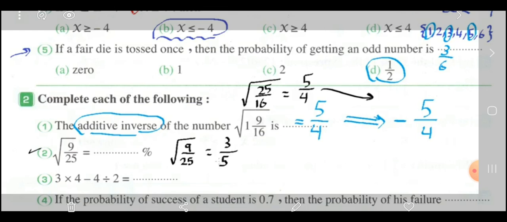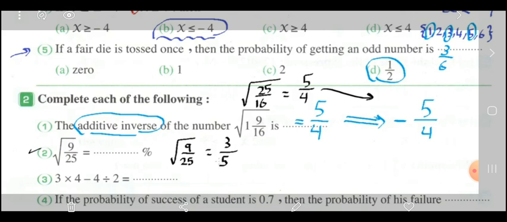First, complete the additive inverse of the number square root of 1 9/16. As we know, it's a mixed number. We have to change it into an improper fraction first, then we get the root for the numbers.